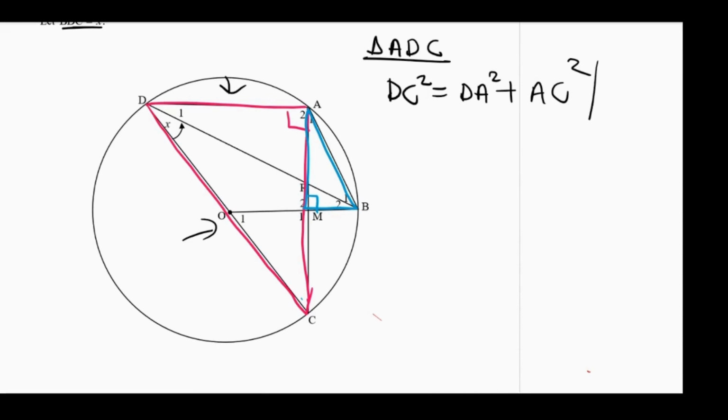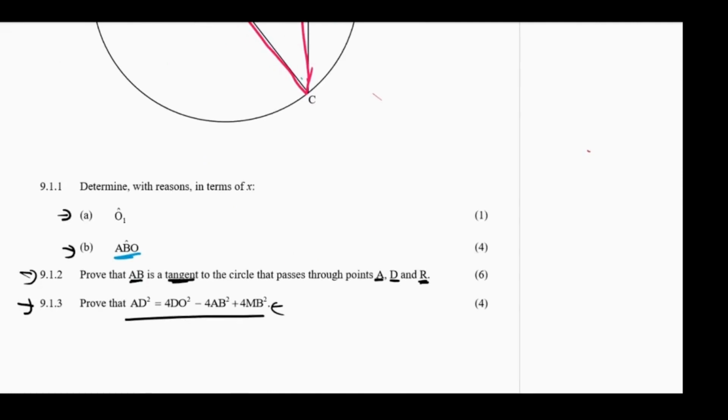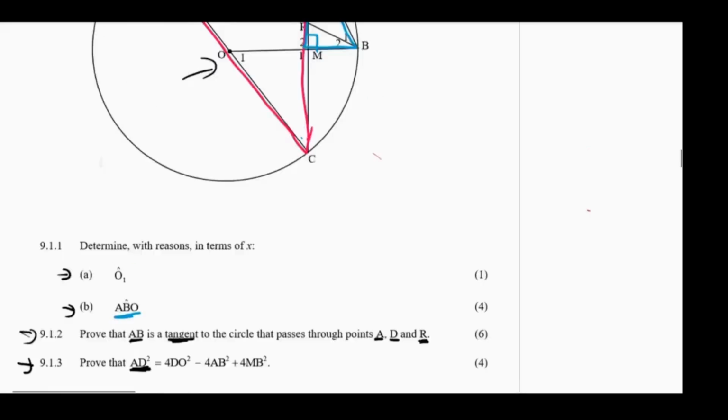And the reason for this, you can simply say Pythagoras theorem, right? Now, you should remember that what we are required to prove is AD squared is equal to something. Some of these values are not part of this triangle, they are part of the other triangle. So we need to find a way.